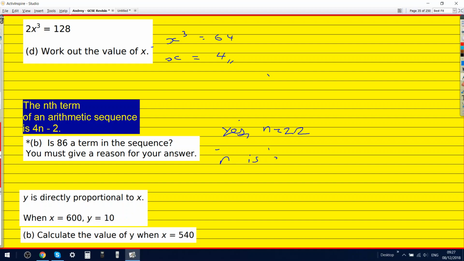Y is proportional to x. So this is where I need to do y equals kx and find the formula first. So I need to do 10 equals 600k. Mm-hmm.